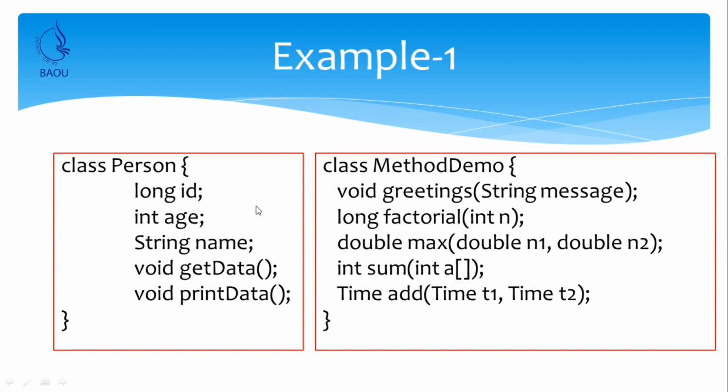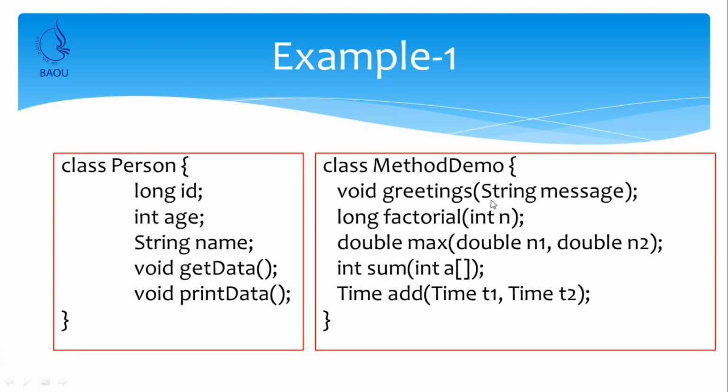Now, we write down this program so that you can better understand how these methods work. Another class we are going to write down is MethodDemo, and it simply defines different methods. The first method has a return type void, its name is greetings and it prints a message provided as an argument.